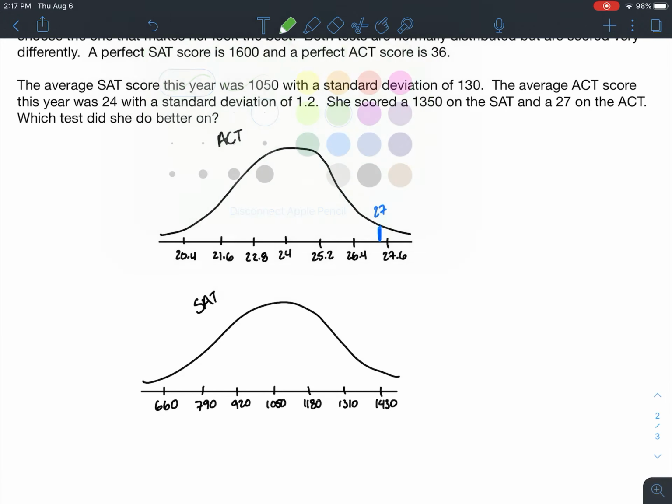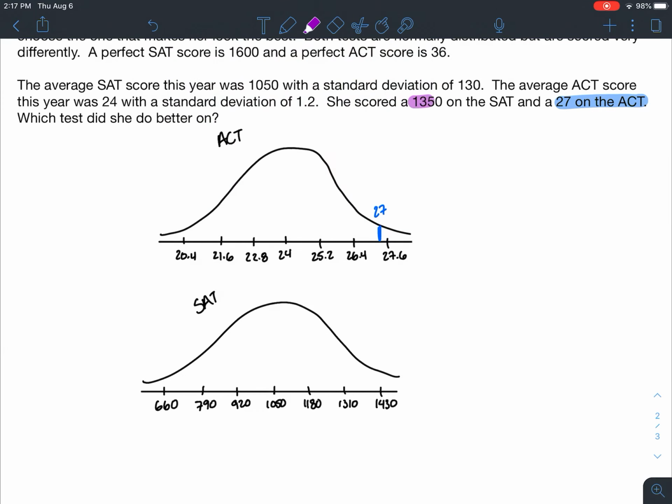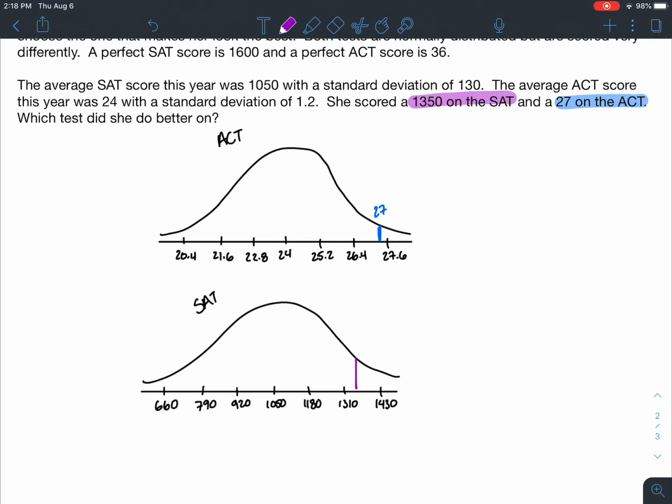I'll highlight these just so we can keep track. She scored a 27 on the ACT, and she scored a 1350 on the SAT. So 1350 is about right there.